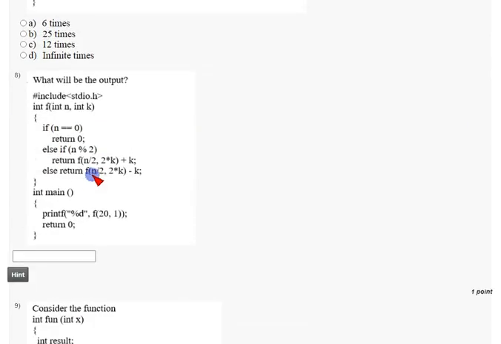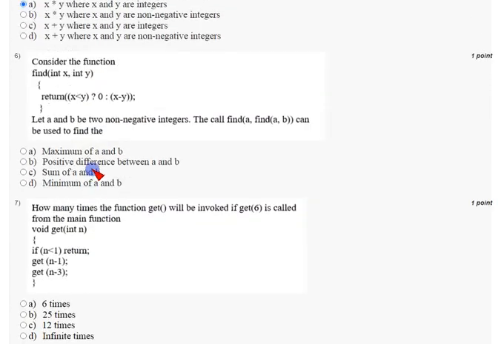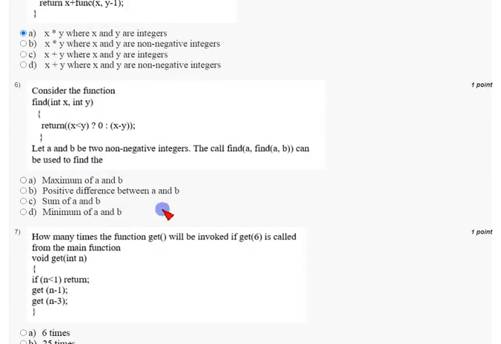And coming to the sixth question, again they have given a code snippet. When we did this, I got the answer as the minimum of a and b. I have again taken 2 and 3 for simple calculation. I changed the values both times, taking 2 and 3, and 3 and 2.